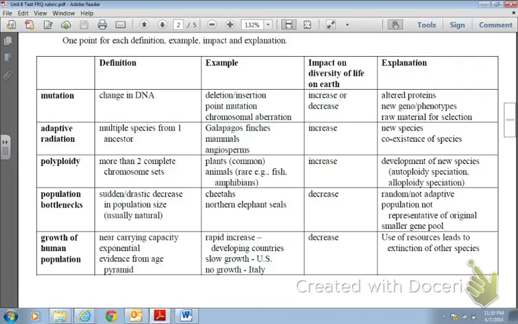Alright, so one thing I was really proud of, most everybody put mutation is a change in DNA. That was most people's first sentence, and I'm glad you finally know that. Changes in DNA lead to evolution. Okay, an example of a mutation: deletion, insertion, point mutation, or chromosomal abnormality.